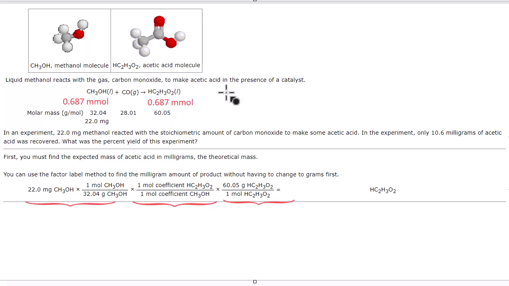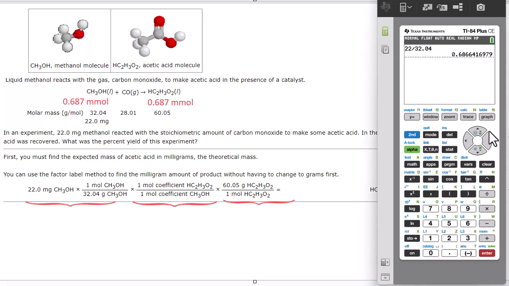But we've got the moles of our acetic acid, our ethanoic acid, and we can change that into milligrams mass pretty easily. Get our calculator back, and then multiply by our 60.05 grams per mole. This has got a greater molar mass because it's got a carbon and an oxygen in it.